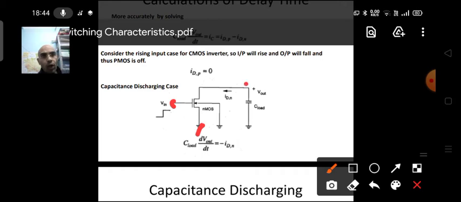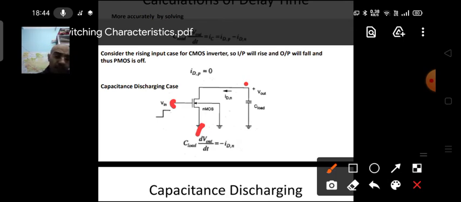The output drain is also connected at the same instant to VOH, and the source is grounded, so the drain to source voltage is also VOH. Whenever the gate to source voltage and the drain to source voltage are the same, the device always works in the saturation region. I have already told you this.